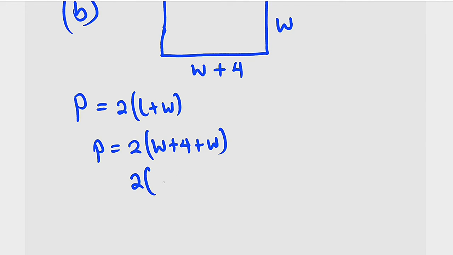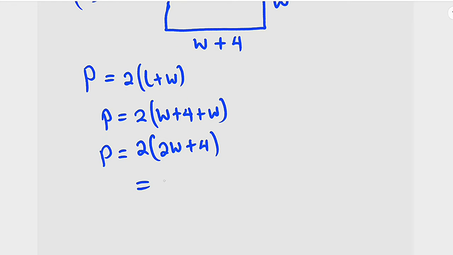This is 2 multiplied by 2W plus 4. And if you expand, you're going to get 4W plus 8, because 2 times 2W is 4W, and 2 times 4 is 8, which is equal to P.